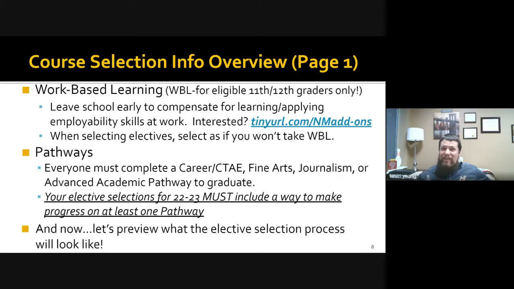Therefore, your elective selections must include a way to make forward progress on at least one pathway, a way that you will also complete that pathway in time for graduation. So in other words, we don't necessarily need juniors or seniors asking for intro classes. You can't really start those intros as an 11th grader and have time to finish a 3-year pathway sequence.